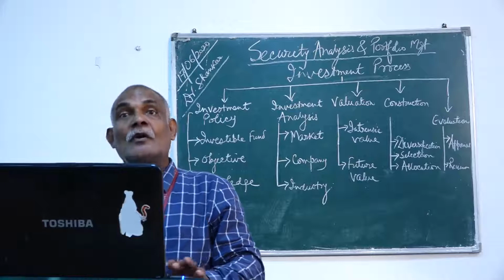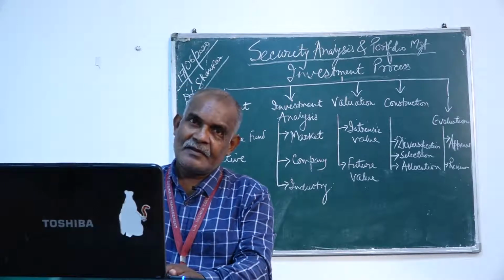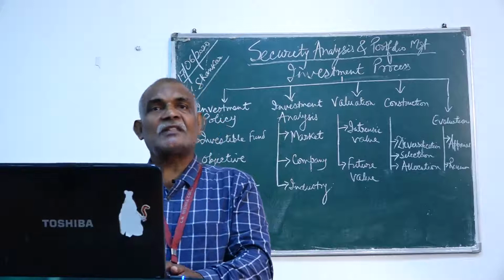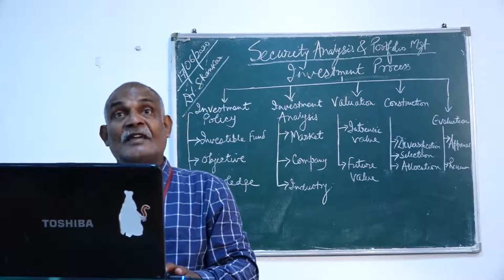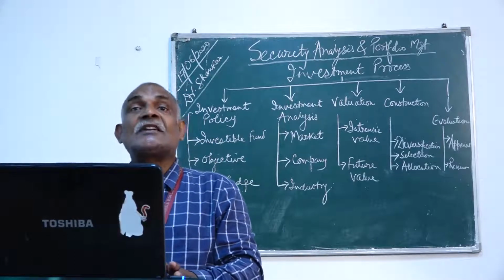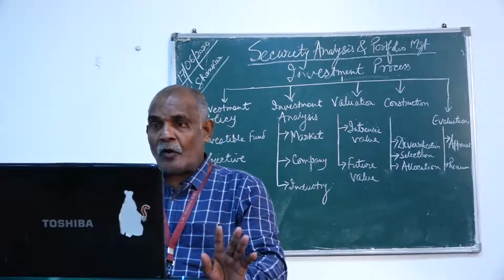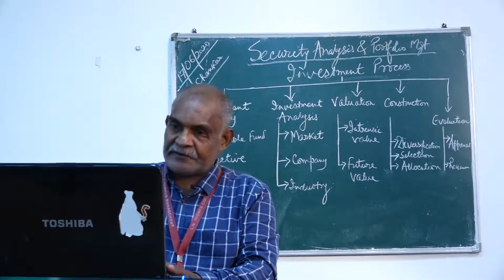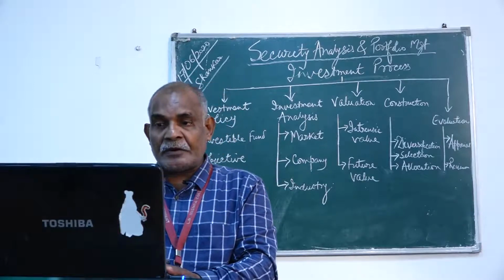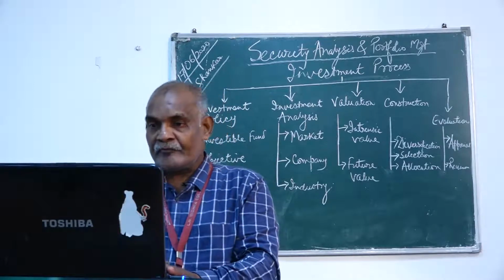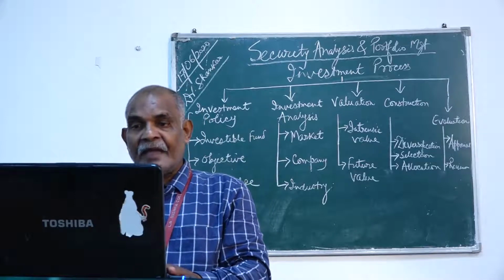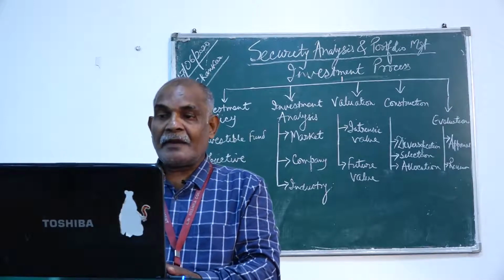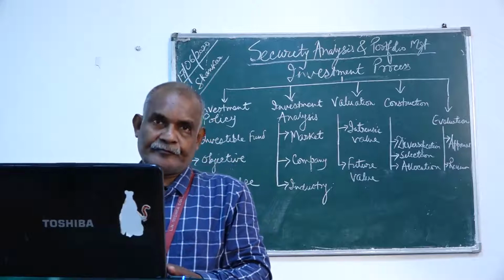Now come to objectives. What are the objectives of the investors? The objectives are framed on the premises of the required rate of return, need for regularity of income, risk perception, and the need for liquidity.